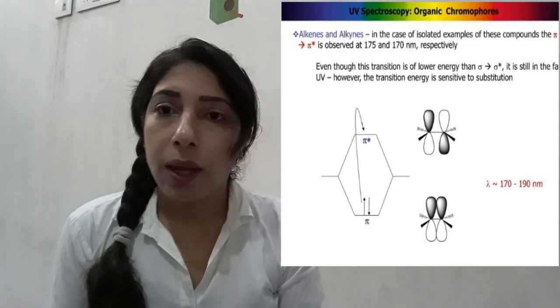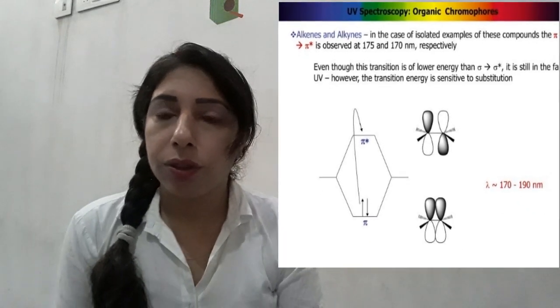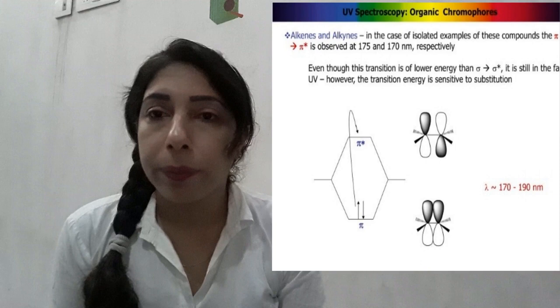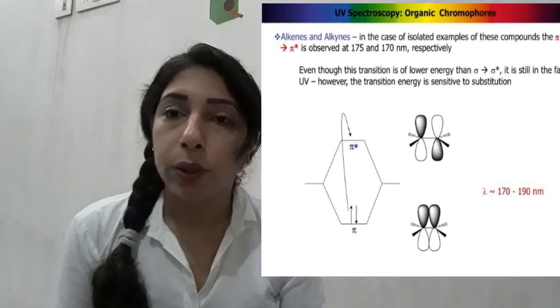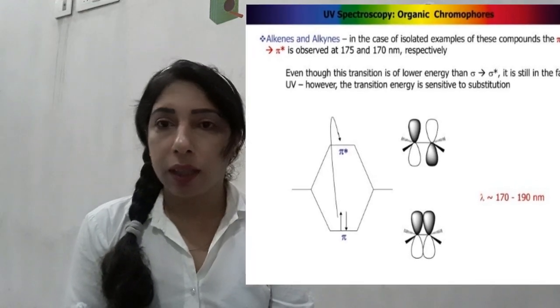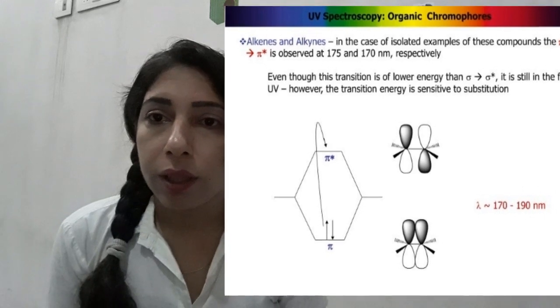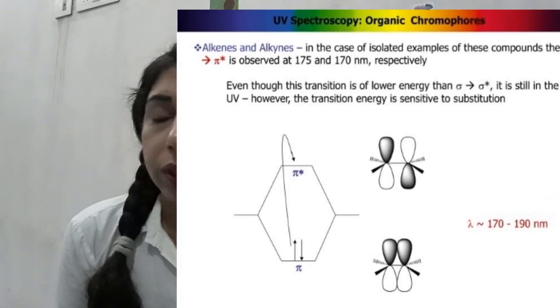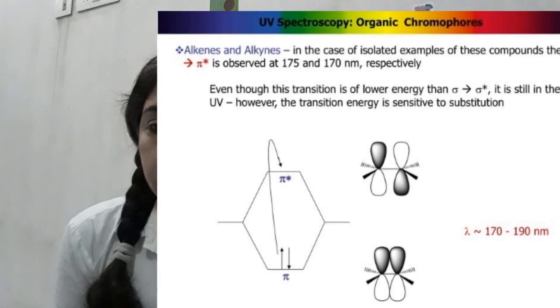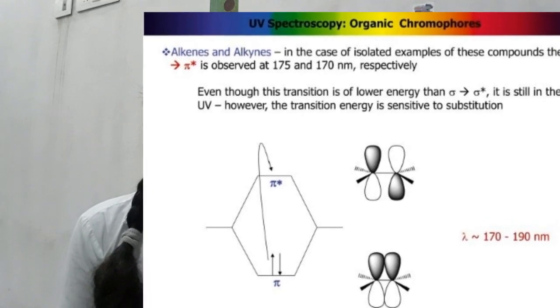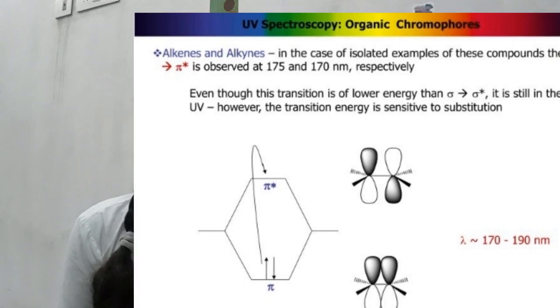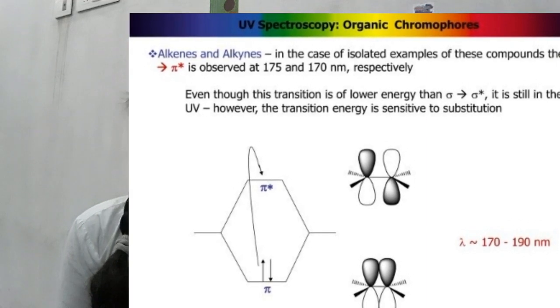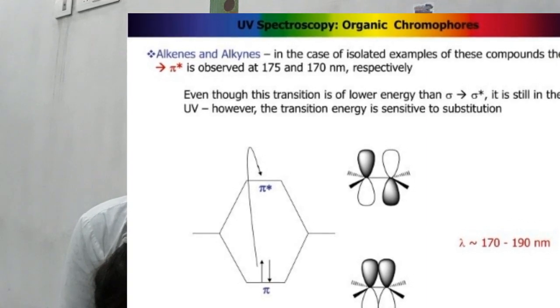Now coming to the pi to pi star transition, for example in alkenes, nitriles, and aromatic compounds where pi bonds are involved, the energy absorption is lower as compared to sigma to sigma star transition. Alkenes absorb energy in the 170 to 205 nanometer range.